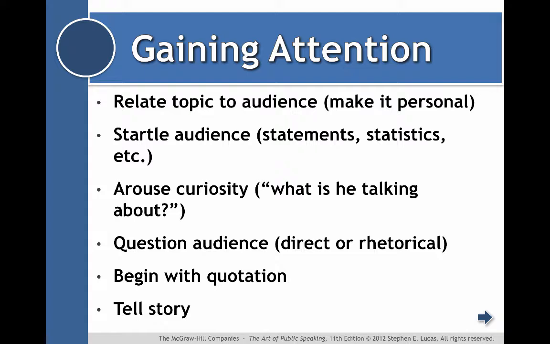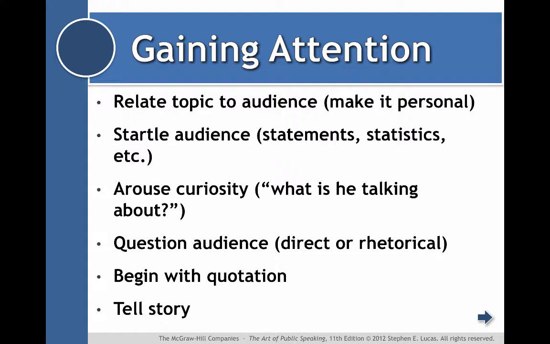Questions are very popular ways to start speeches because they're easy. But there are pitfalls associated with using them, so be careful. You can ask direct questions of your audience like, "How many of you have gotten a traffic ticket in the past year?" to begin a speech about how to talk your way out of a traffic ticket. That will certainly get their attention, but you need to understand that you could get any number of different reactions to that question.